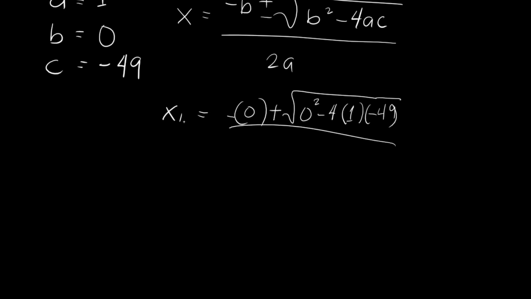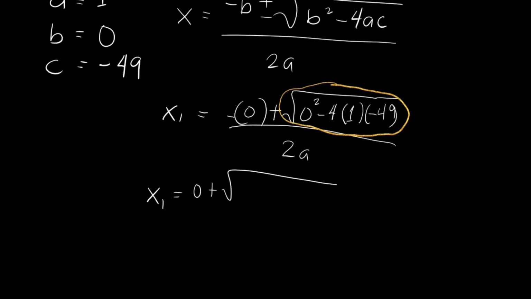Okay. All over 2a. So, your x sub 1 will be 0 plus, kunin muna natin yung value nitong, yan. Diba? Mahalaga yan eh, para mabilis na tayong mag-solve. So, plus square root of 0 squared, syempre 0 na yan, negative 4 times 1 is negative 4. Negative 4 times negative 49, so 196.